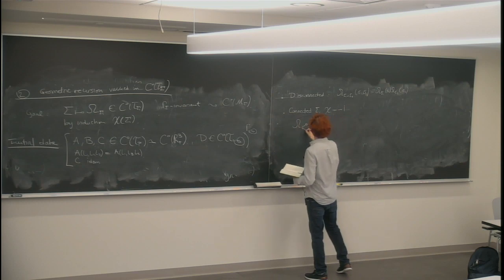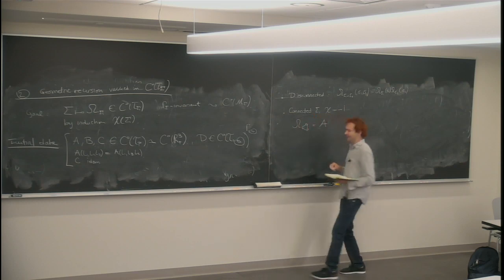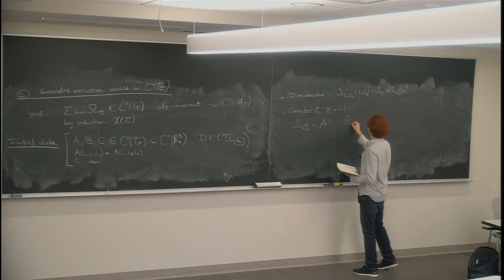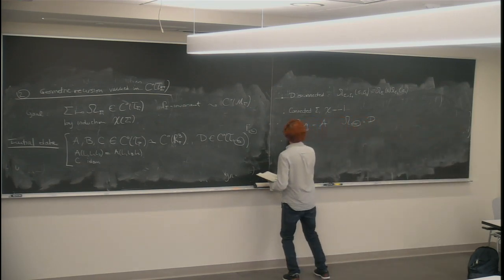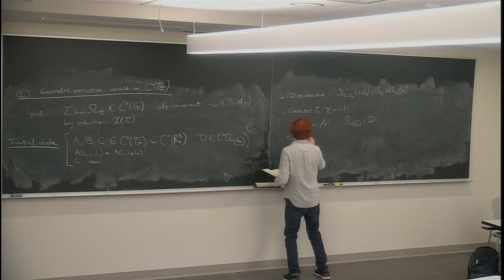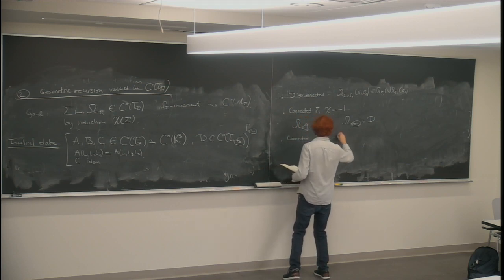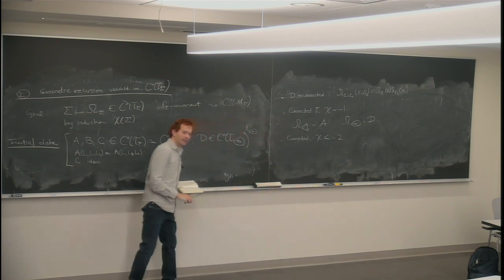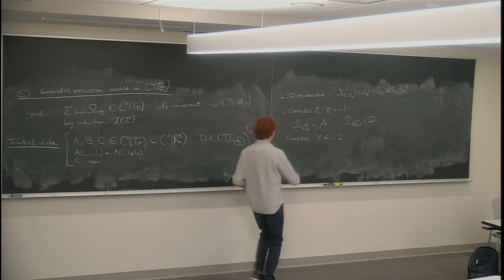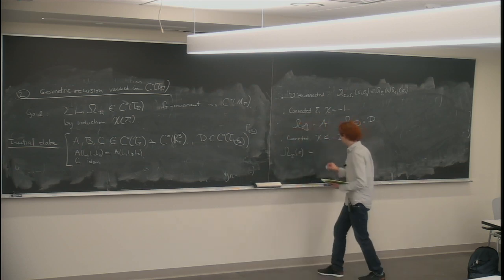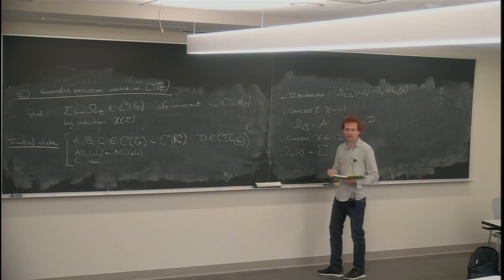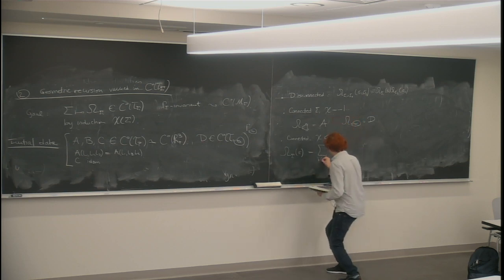So I'm going to use this. So for a pair of pants, I'm going to take A. And for the torus with 1 boundary, I'm going to take D. And now, if I have an Euler characteristic which is smaller, I can start removing pairs of pants. So what I want to define is omega of sigma, which is going to be a sum over all homotopy classes of pairs of pants. So I have all these cases.